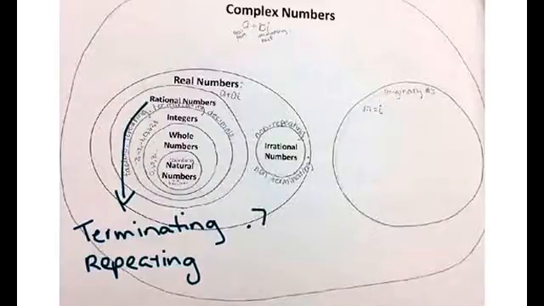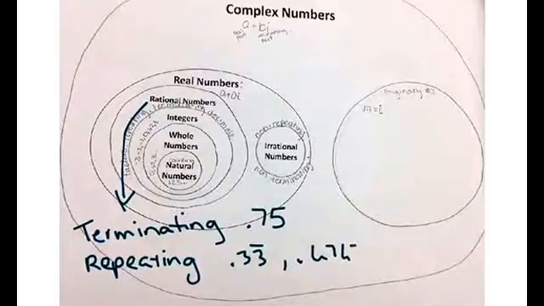So 3/4 is the decimal 0.75. It stops. We don't have to round it to get it to stop. A repeating decimal would be something like 0.33 repeating, or 0.676767, and yes, those are sixes, sorry. So those are terminating and repeating decimals.